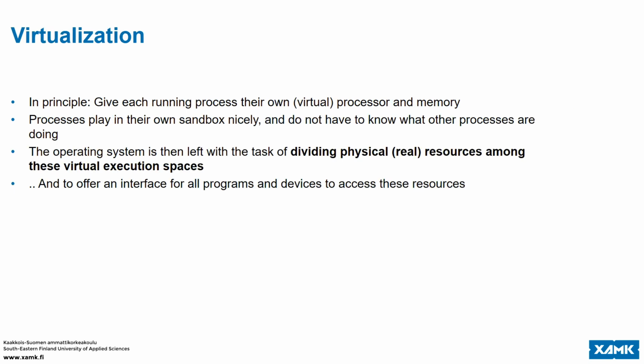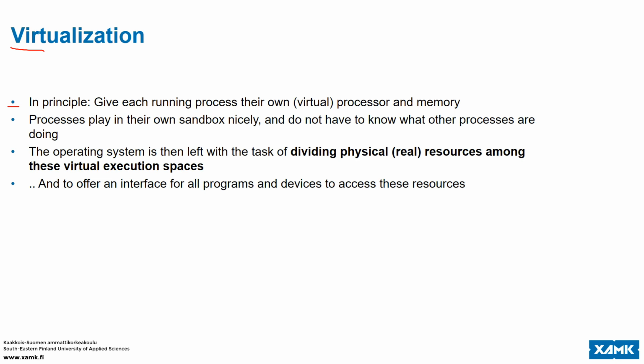If we quickly dive into each of these main tasks, starting with virtualization. Virtualizing hardware resources means, from an operating system perspective, in its basic form, giving each running process its own virtual processor and/or own virtual memory.